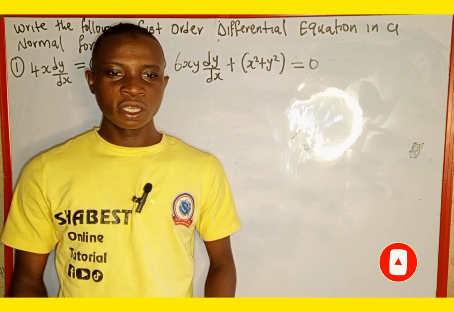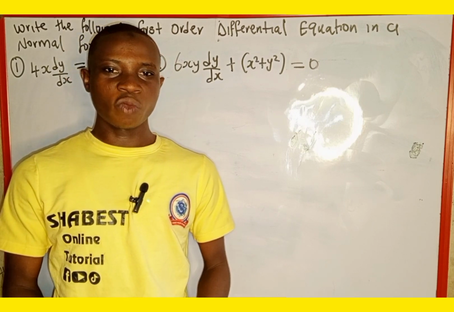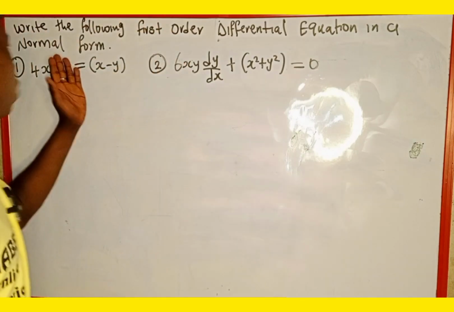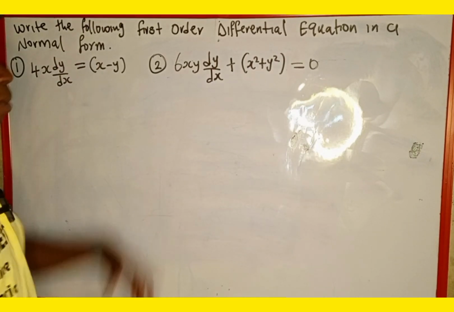In today's tutorial, we are going to learn how to write a differential equation in a normal form. The question on the board reads: write the following first order differential equation in a normal form.